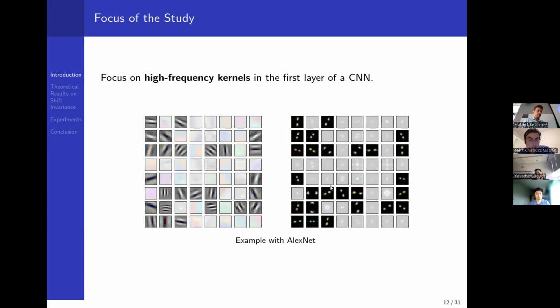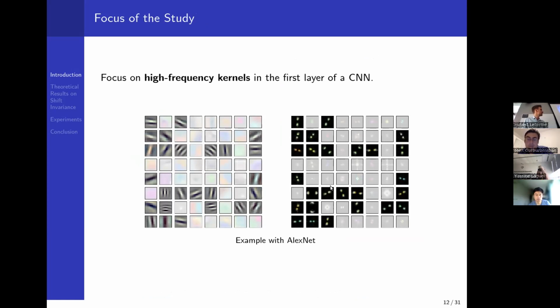Before going further, we restrict the scope of the study to oriented and bandpass filters, as highlighted here. It's worth noticing that the other filters, the low-pass filters, are usually quite shift invariant.